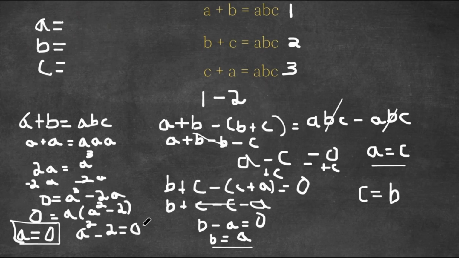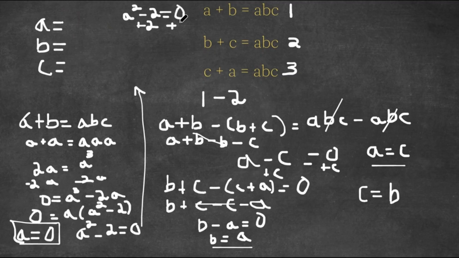So now I'm going to solve this up here. If a squared minus 2 equals 0, then we're going to add 2 on both sides. So we get a squared equals 2. Now we're going to do the square root of both sides. So we get a, because square root and power cancel out, equals plus or minus square root 2.